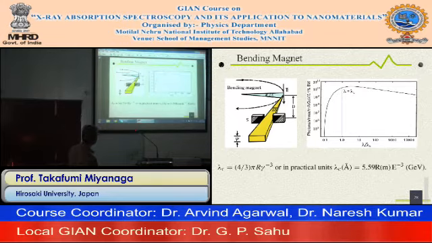In this case, the distribution of wavelengths is like that. Lambda is divided by the Compton scattering length.